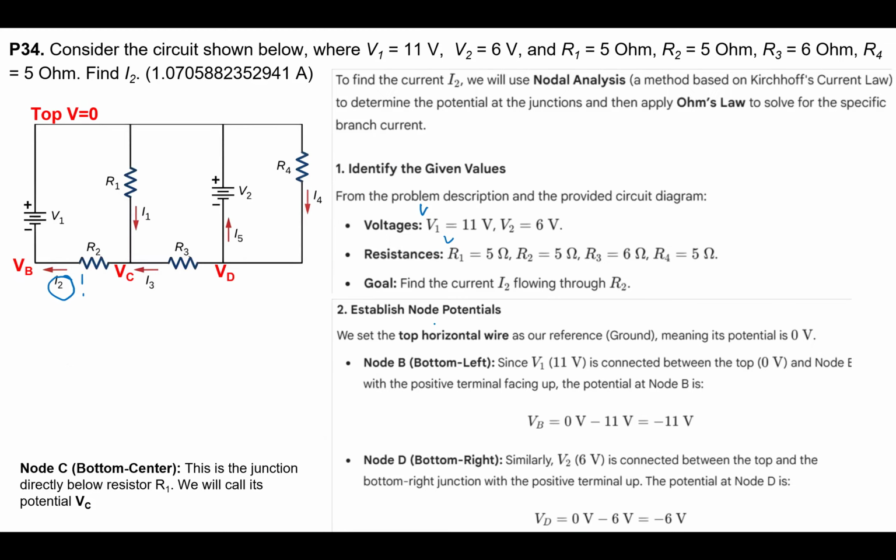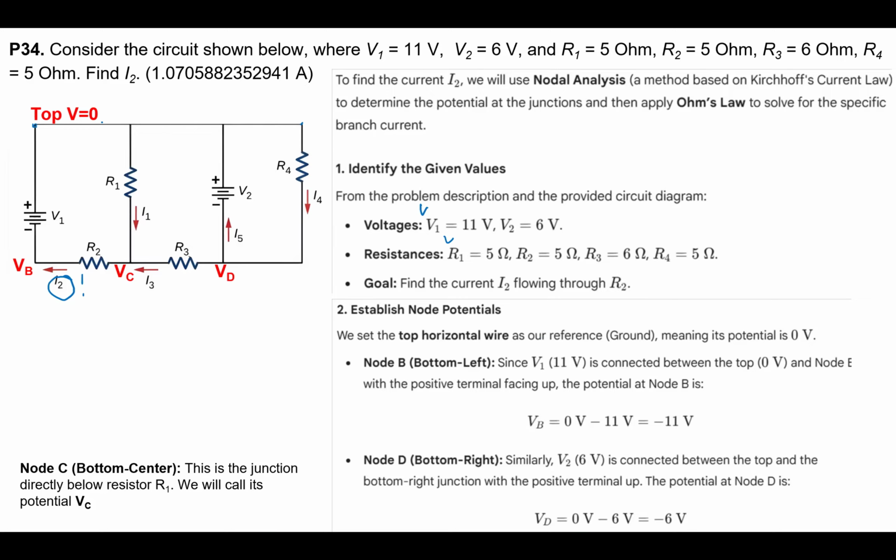So establish node potentials, with the top horizontal wire as our reference. In this case, we have a different load. Usually you can always have a different situation, but if you look at this, there is no element, so that means from here to here is the same potential.